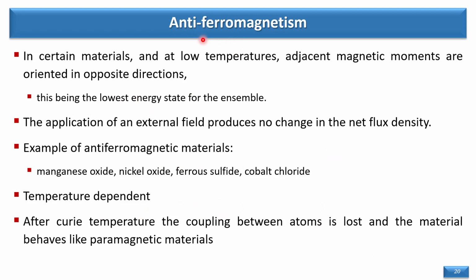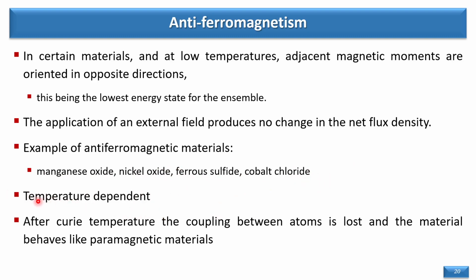Some other materials are antiferromagnetic materials. In this material, adjacent magnetic moments are oriented in opposite directions. So when we apply an external magnetic field, it will produce no change on the flux density, like nickel oxides and some other materials.